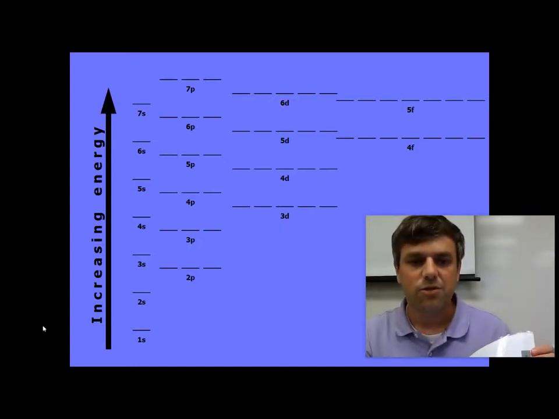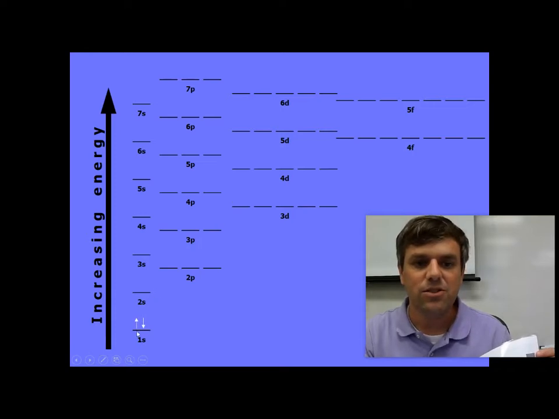So its first electron will go down here. And the second electron will also go here, just with an opposite spin, because the overriding rule is if there's seats down close to the nucleus, you fill those first.